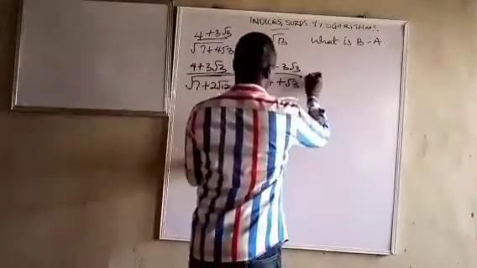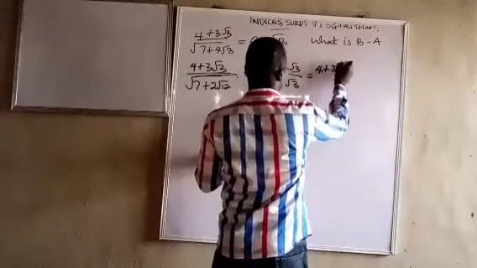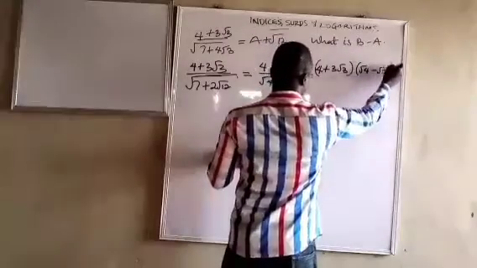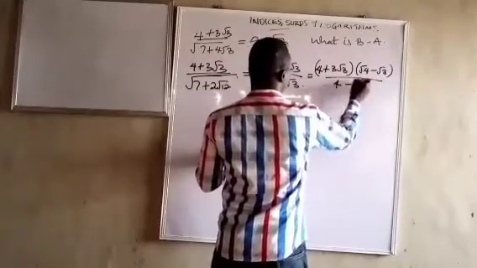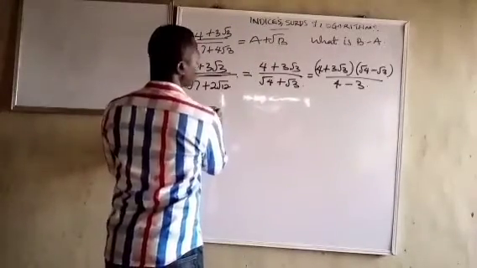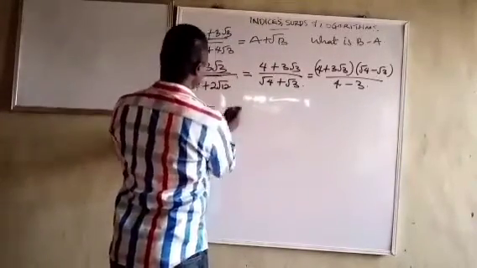And then this one will now give us 4 plus 3 root 3 into root of 4 minus root of 3 over 4 minus 3. And what does that give us? 4 root 3, 4 root 4. Oh, thank God, that is 2.